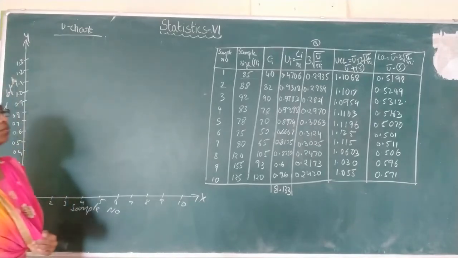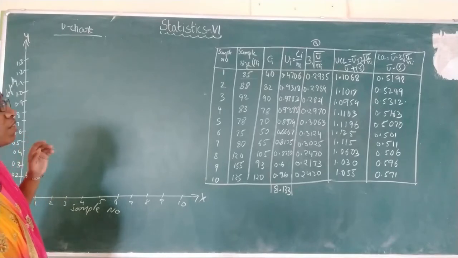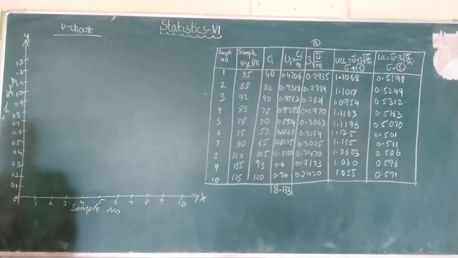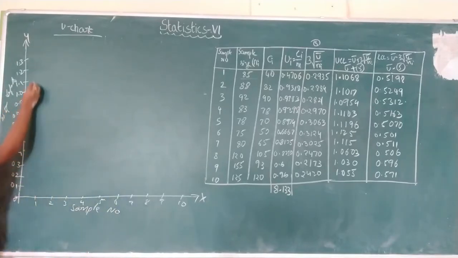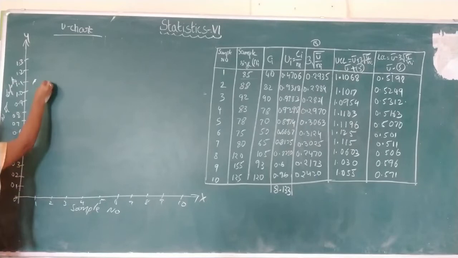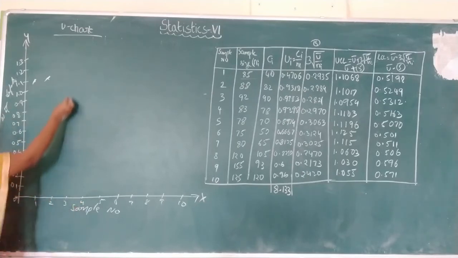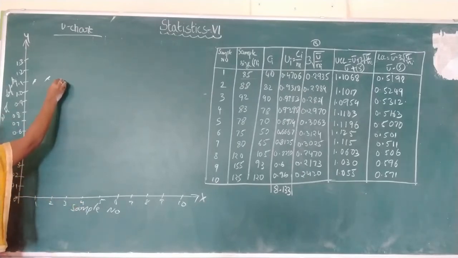So first plot all the UCL values. What is the UCL first value? 1.10. Next one is also 1.10 only. For third value it is 1.09, so it is a little bit low to this.